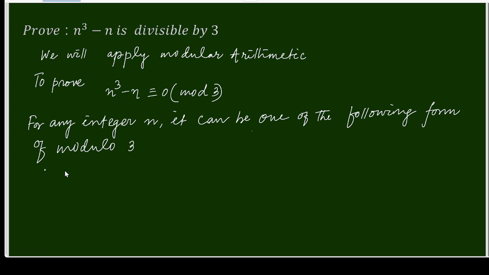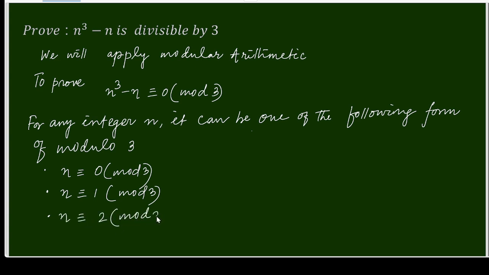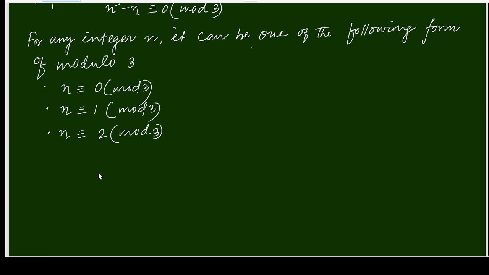First, n is congruent to 0 modulo 3, or n can be 1 modulo 3, or it can be congruent to 2 modulo 3. Now we will prove one by one.